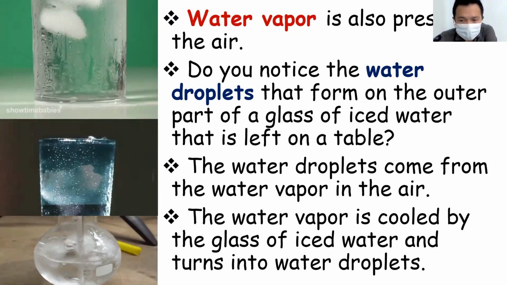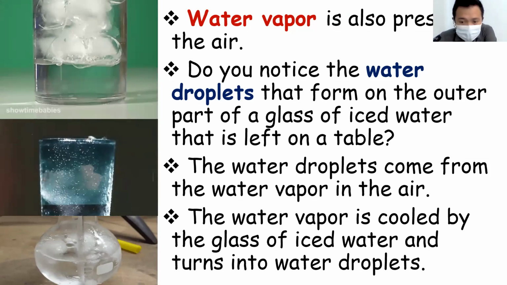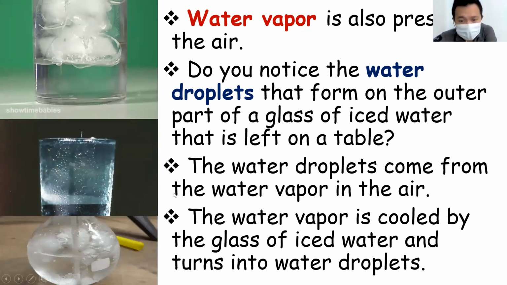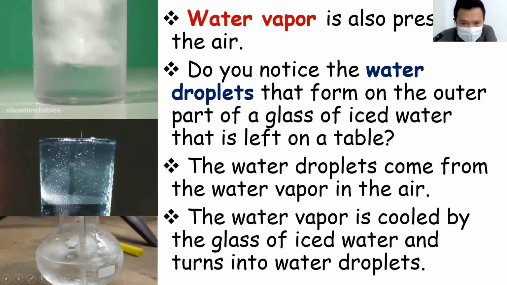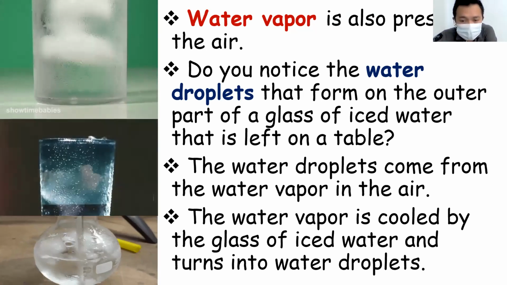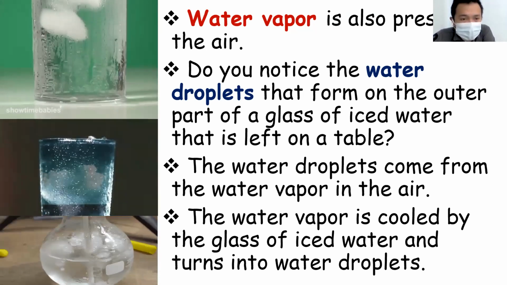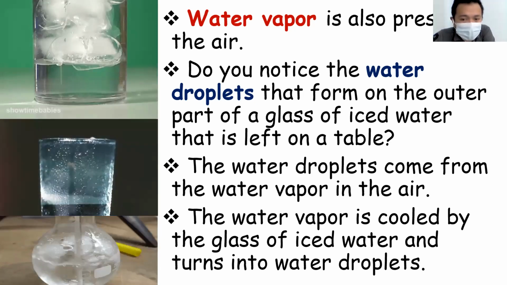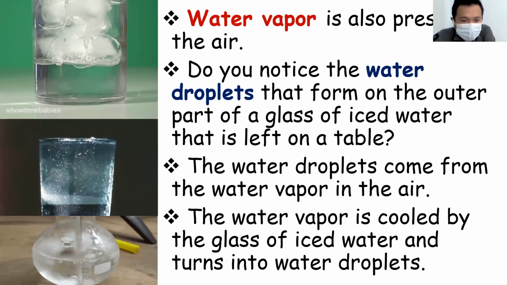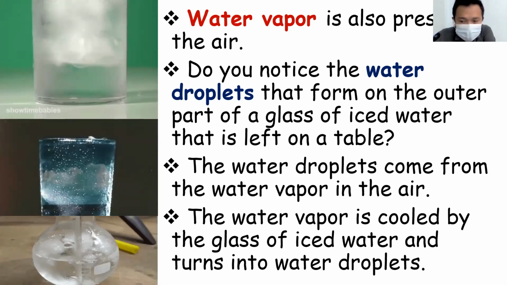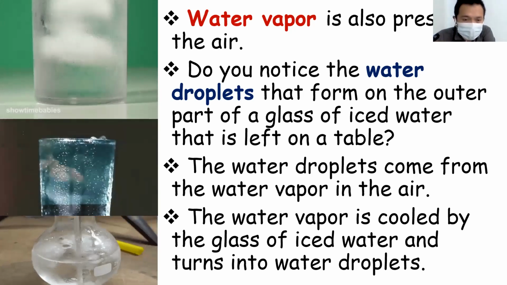The water vapor is cooled by the glass of ice water and turns into water droplets. See, at first, those are water vapor. Those are actually composed of air. But because of the heaviness of that certain vapor, they became droplets.